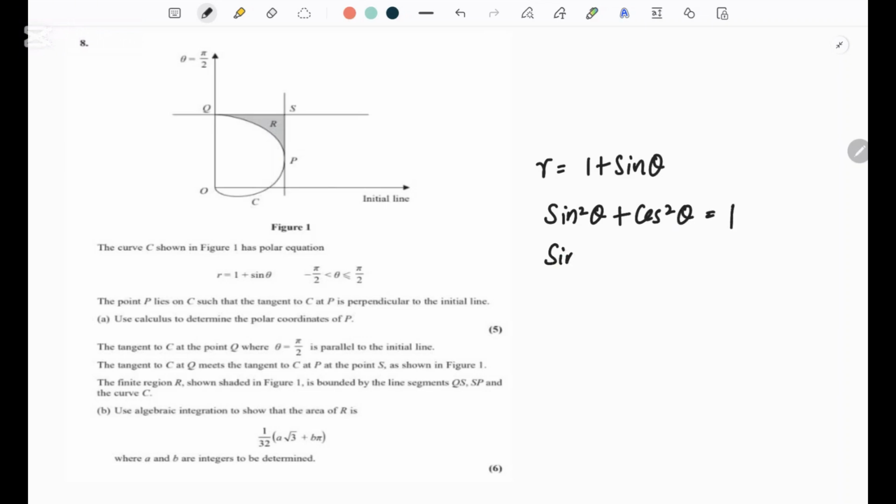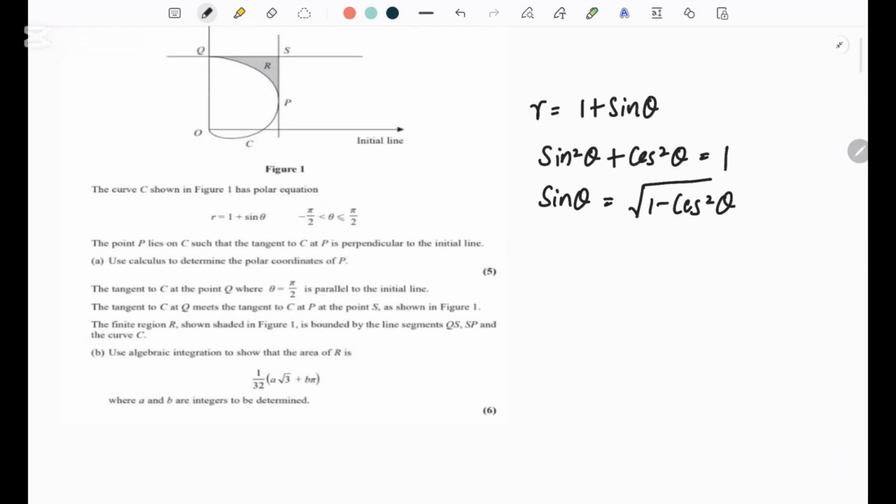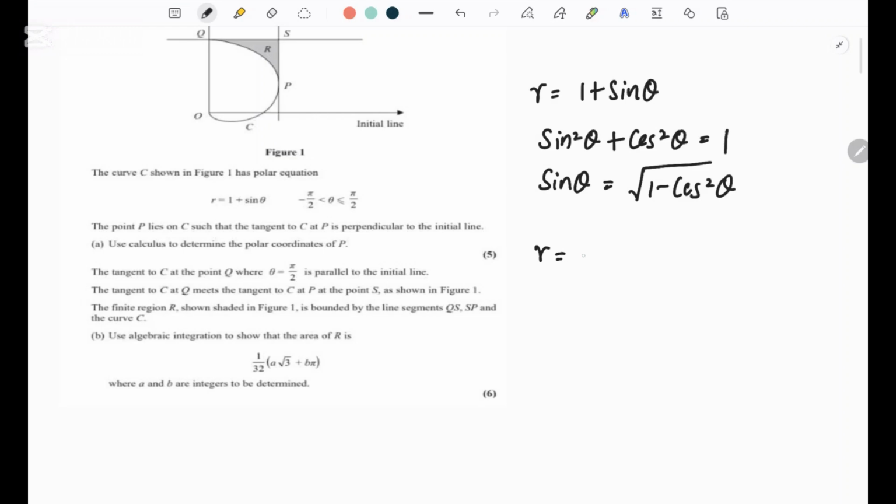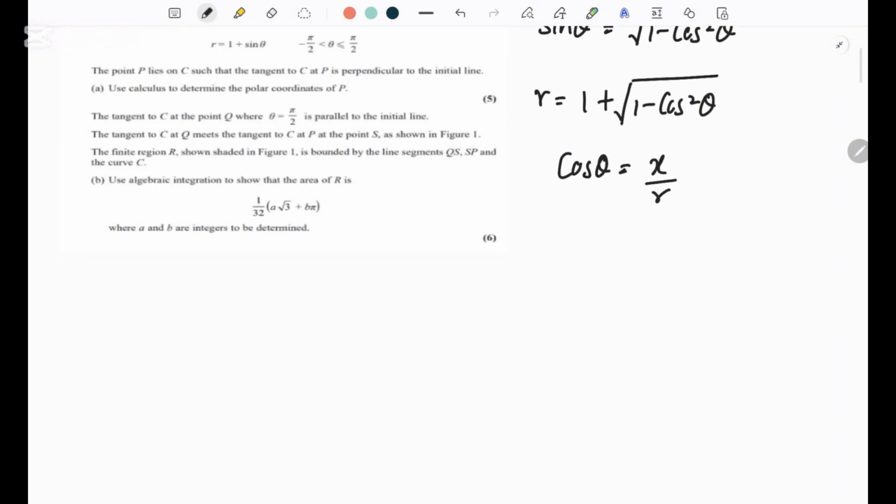So sine theta equals root 1 minus cos squared theta. Then you can write r equals 1 plus root 1 minus cos squared theta, and you know cos theta equals x over r.